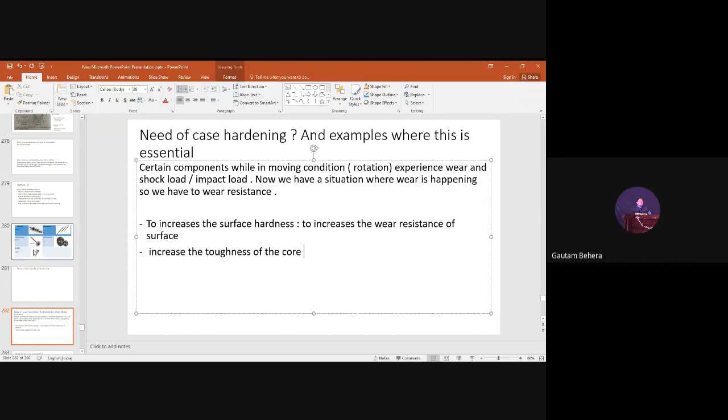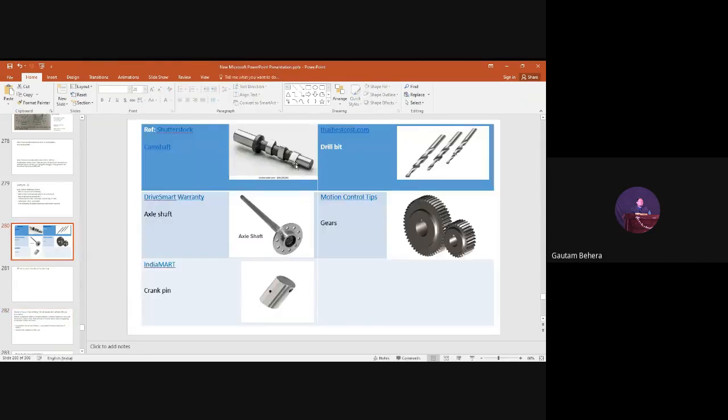So you people have understood up to this. These are the components which will experience wear at the surface, and may undergo fracture due to shock loading. So we have to protect the material from fracture, and we have to protect the material from wear. To protect the material from wear, we have to increase the surface hardness, and to protect the material from fracture, we have to have a soft or tough core.